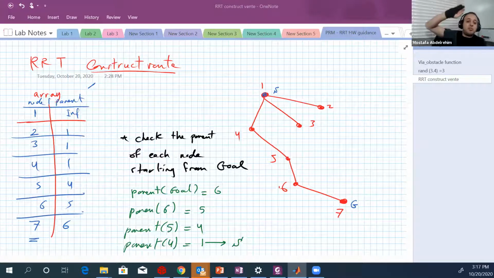From this point, you end the construction phase, because now the tree contains the start and the goal, so we have enough information to construct the path between the goal and the start.